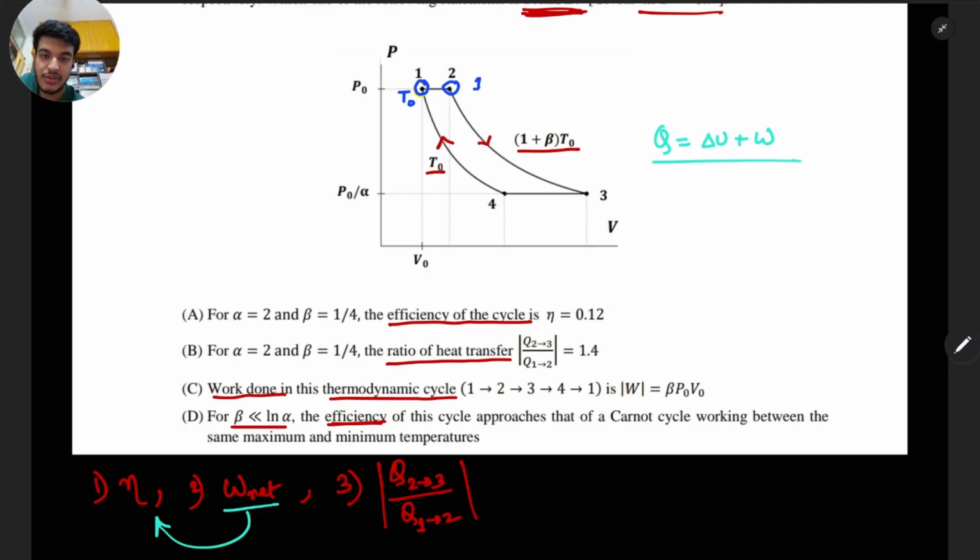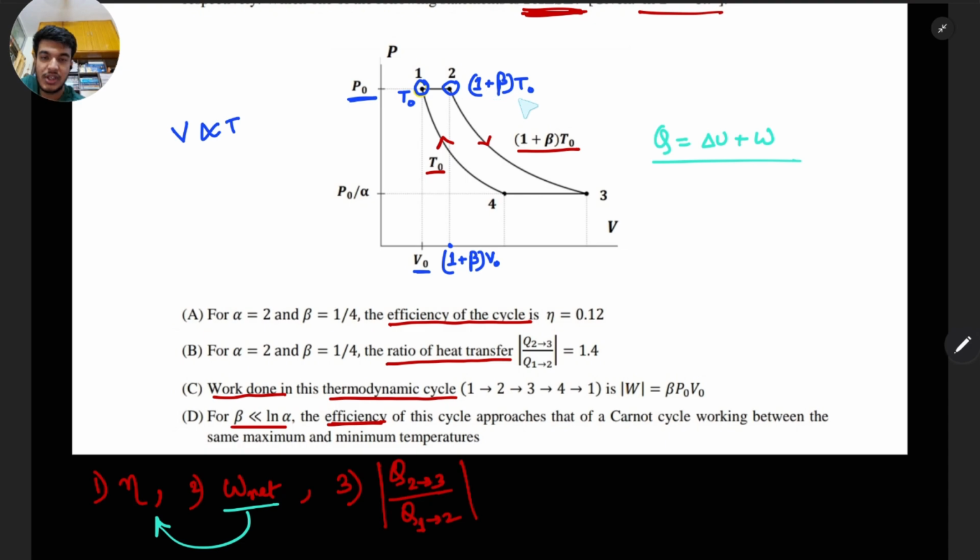In state 2, the temperature is (1 plus beta) T0. Since at constant pressure P0 the temperature is increasing from T0 to (1 plus beta) T0, the volume also increases proportionately. So it is (1 plus beta) V0, which was initially V0 at state 1, because at constant P, V is directly proportional to T.